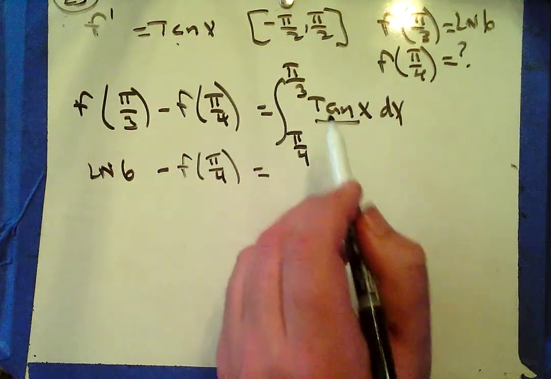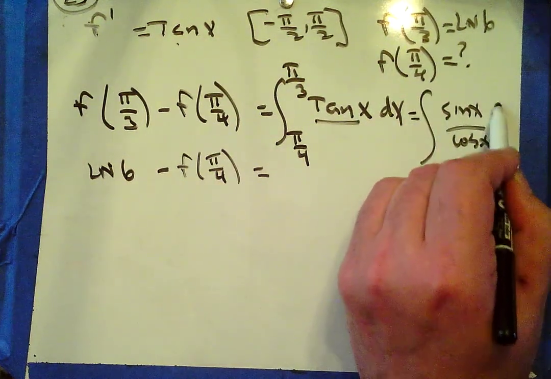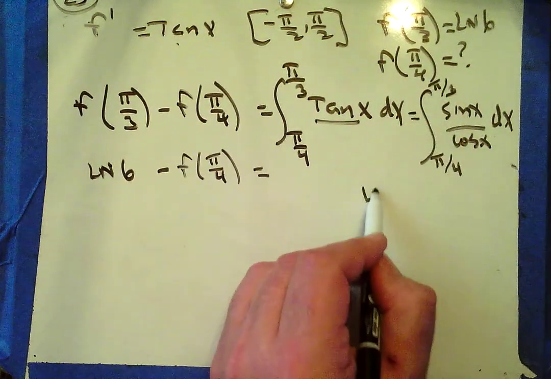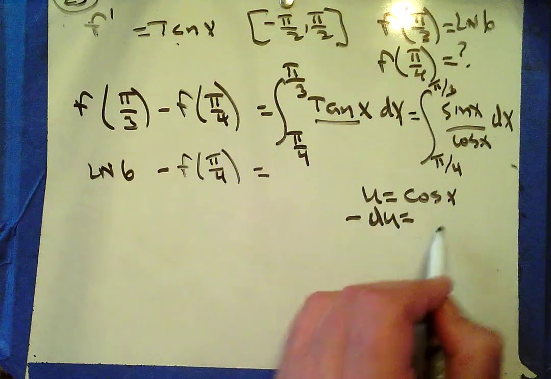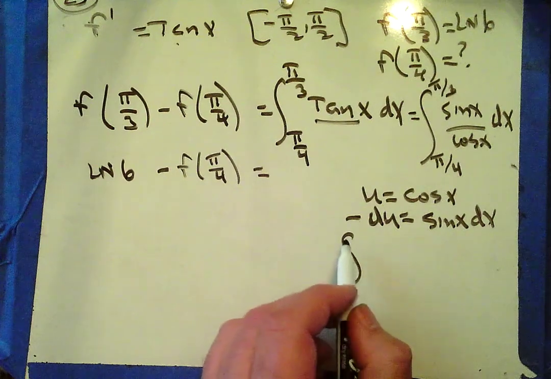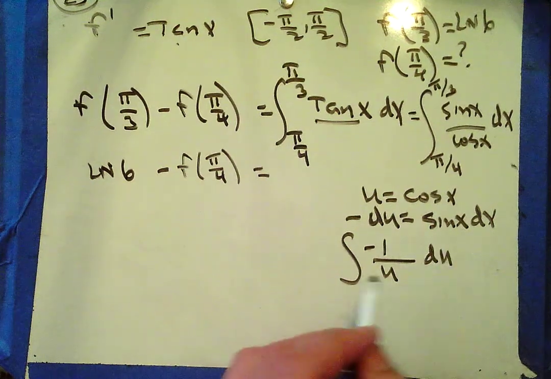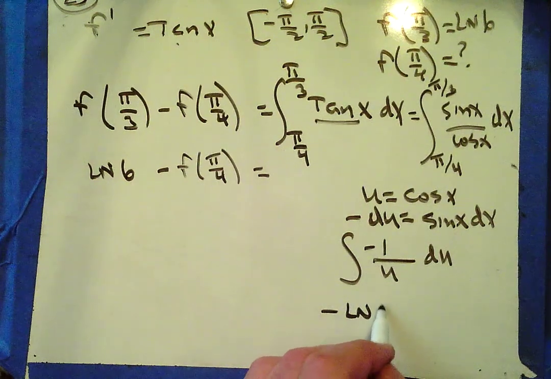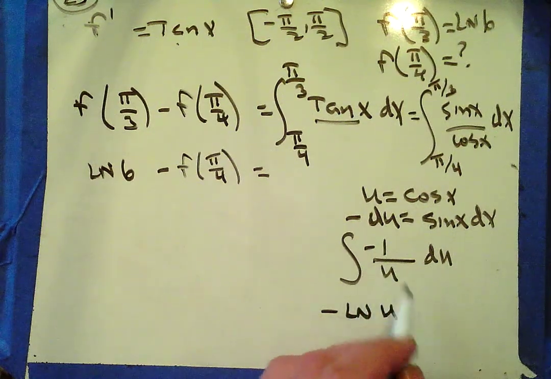You may recall this was the very first u-sub we did. We rewrote this as sine x over cosine x, and we said that u would be that denominator, cosine x, and minus du would equal sine x dx. So this is negative 1 over u du, or negative ln of u.